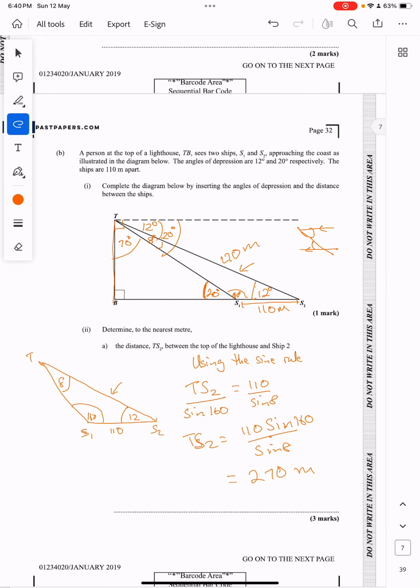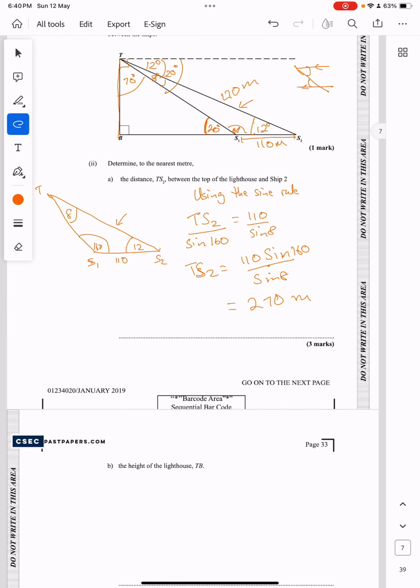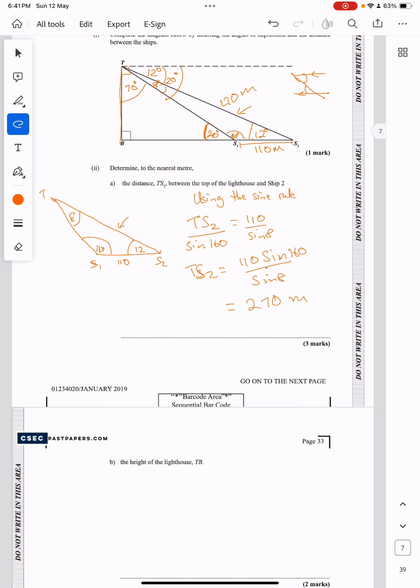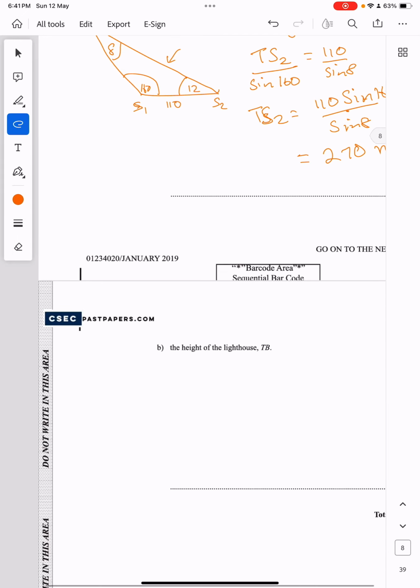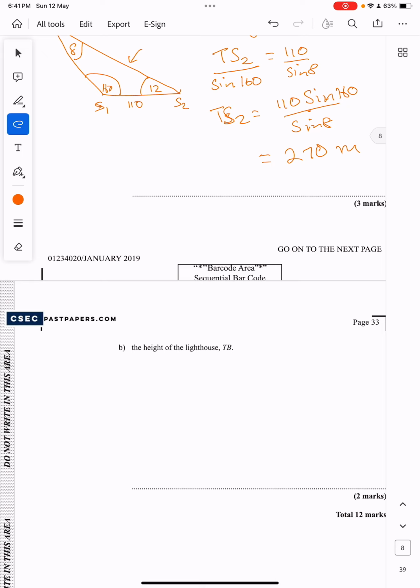So if we look at this whole triangle here, we're going to just sketch out the whole triangle from TBS2. We're totally ignoring S1 for now. This is not working the way it's supposed to. So let me see if I can get a proper triangle here. Alright, so we've got T, B, and S2.